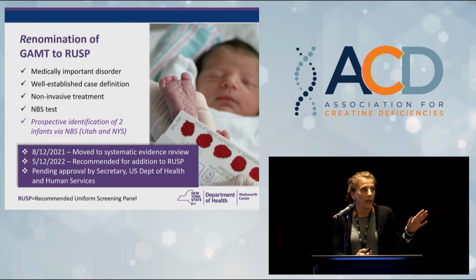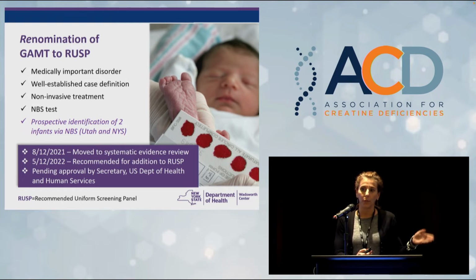And so these 2 cases were brought back to the Secretary's Advisory Committee. GAMT was renominated. In 2021, it moved to an official evidence review. In 2022, just in May last month, it was recommended for addition to the RUSP. It just needs signature by the Secretary, and then states will likely begin screening.